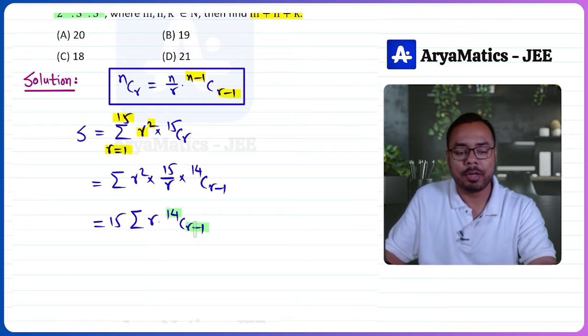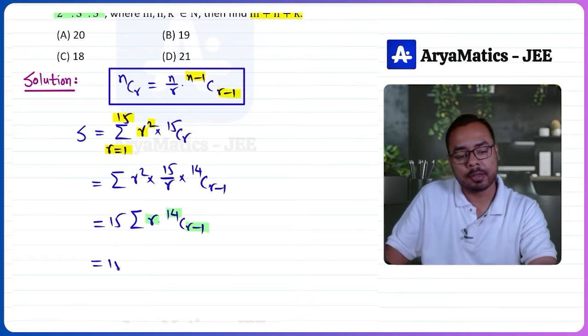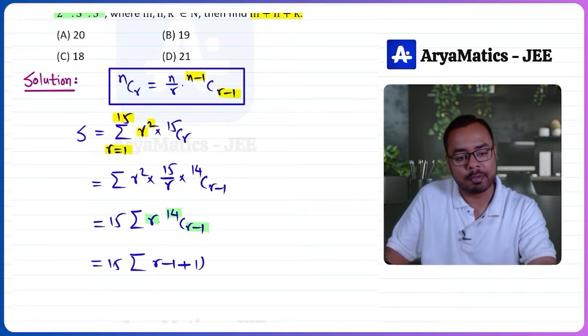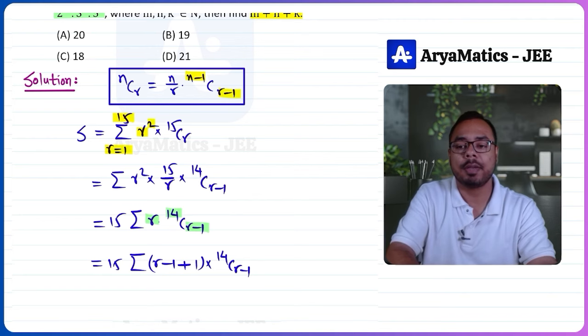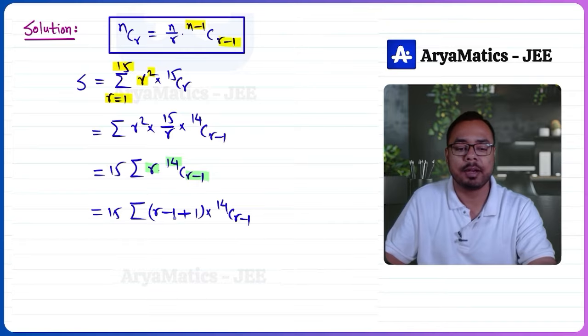So in the denominator you can create r minus 1, but here we have r. So for that, what we can do is write this as r minus 1 plus 1 and we'll create two sums from here, right? One will have r minus 1 into this term and the other one will be 1 into this term, so that we can get rid of that variable r, because once I remove that one, then we have a standard formula for that.